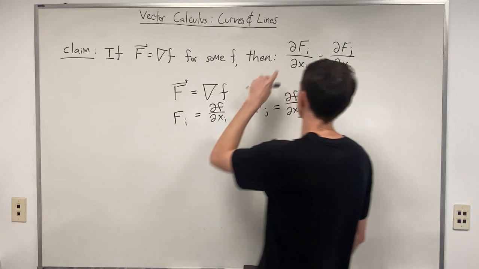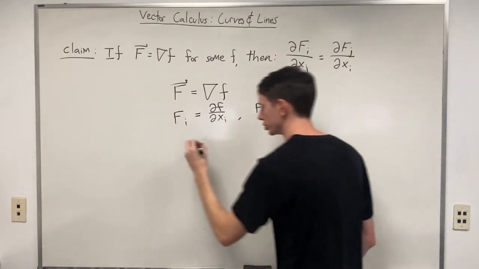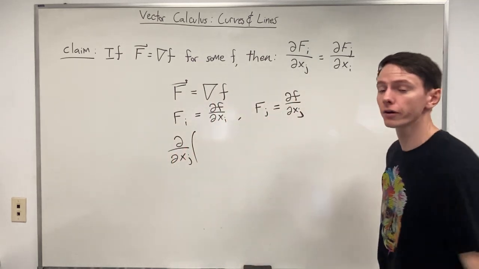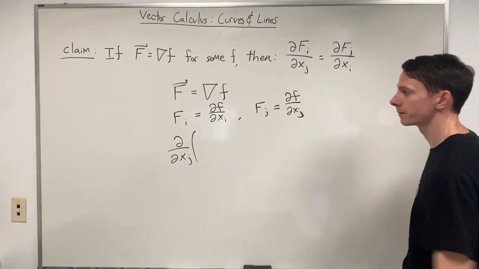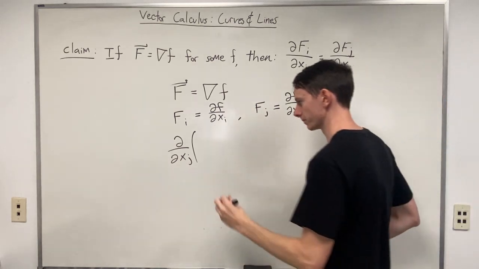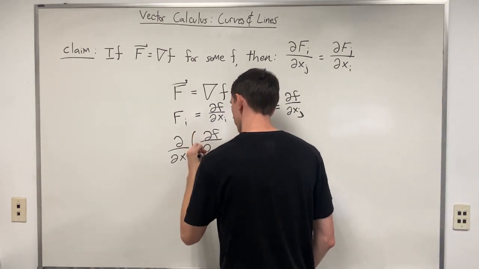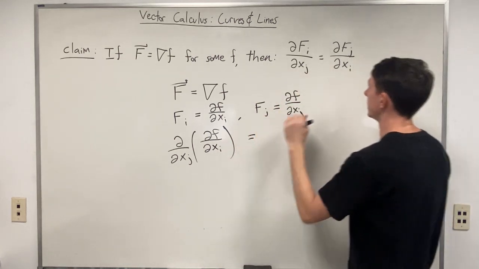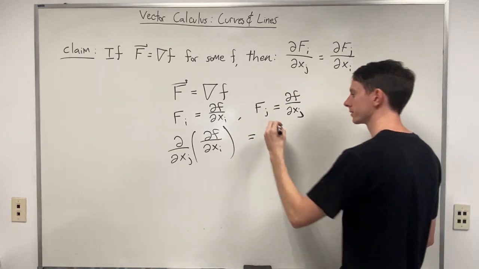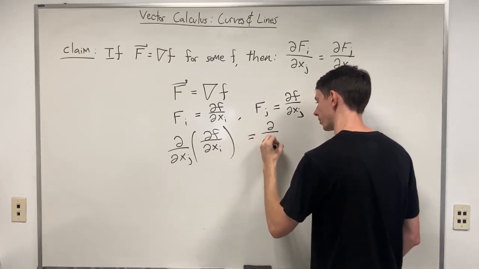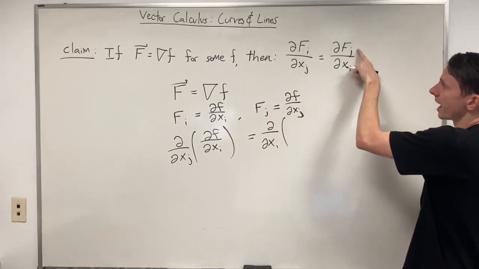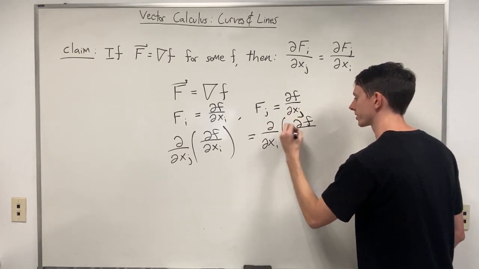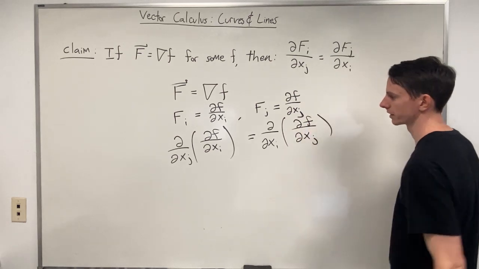On the left, we have the derivative with respect to x_j, so we have partial x_j. And then we have the derivative of what? It's the derivative of F_i, and we said that F_i is this quantity right here, so it's the derivative of partial f, partial x_i. Now we have an equal sign, and we're taking the derivative with respect to x_i, so we have partial over partial x_i, and we're differentiating F_j, which is partial lowercase f, partial x_j.